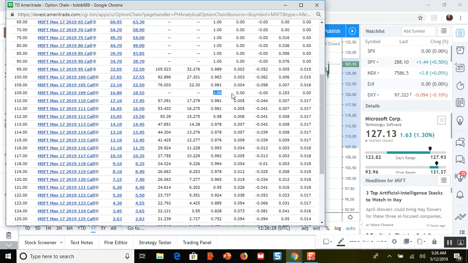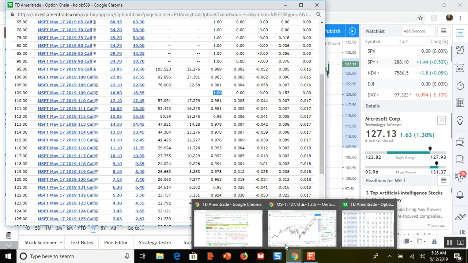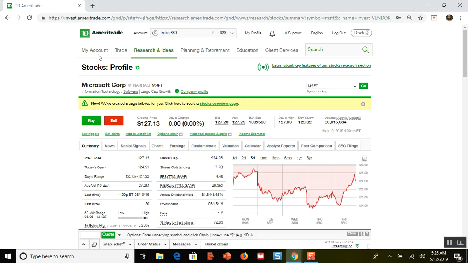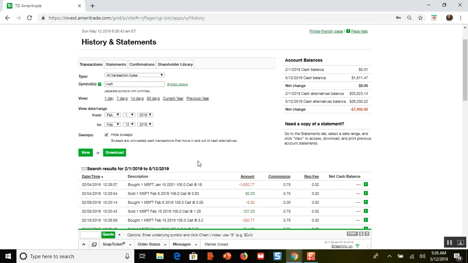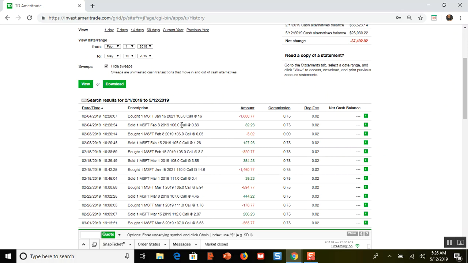And I was selling to open. If we went back to my transactions here, and we'll go back to Microsoft here and click on February. Okay. Here it is right there. So I was selling to open.